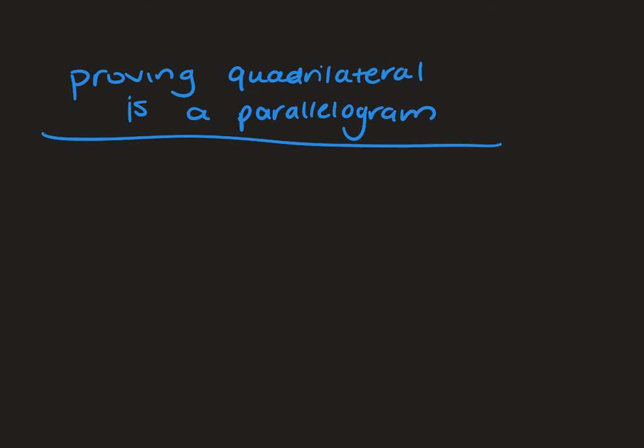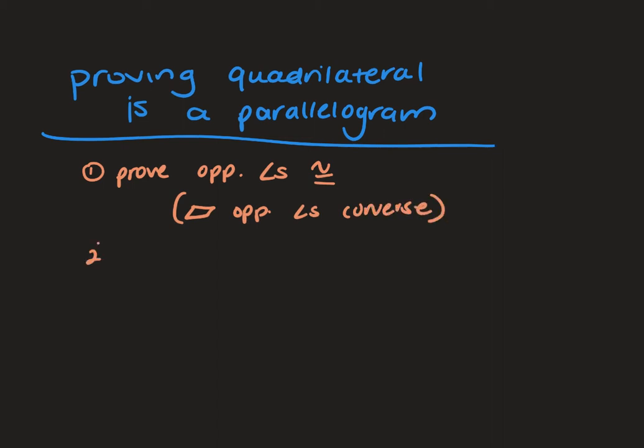There were 5 ways to prove a quadrilateral is a parallelogram. Give me one. The opposite angles theorem converse. Parallelogram, opposite angles, converse. Okay.